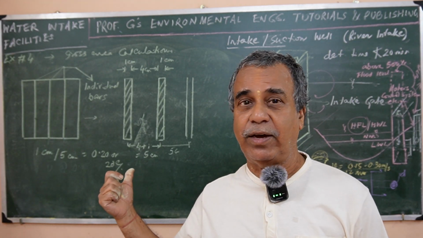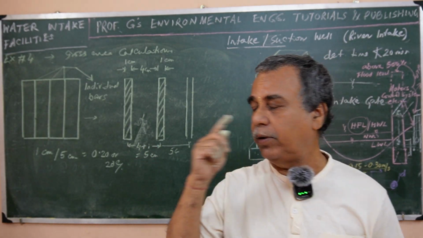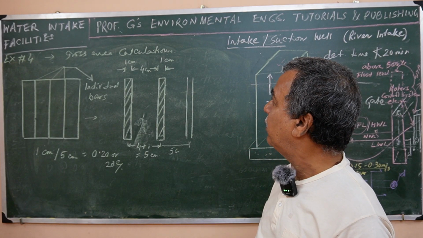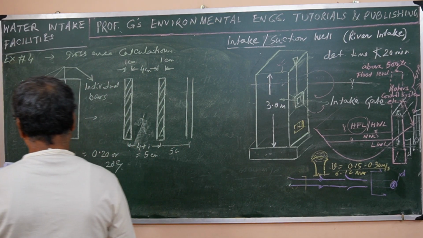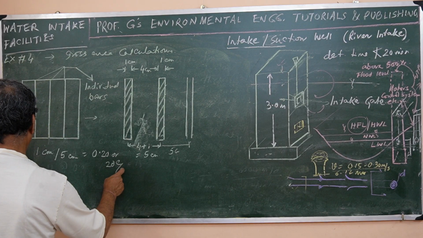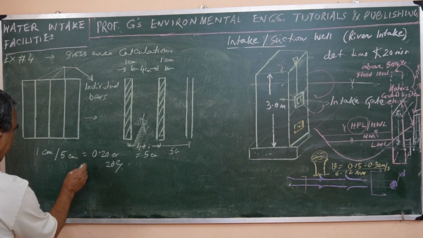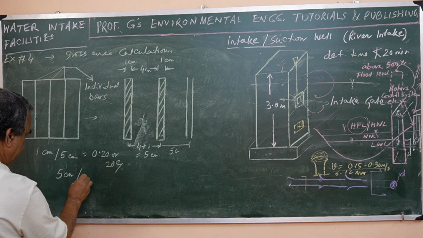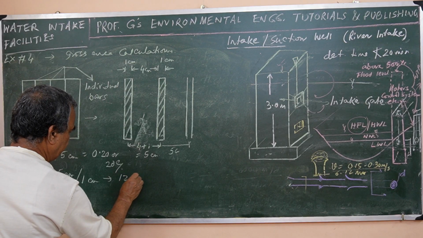Here we have shown the configuration or arrangement of the bars, one opening rather. So, 20% this one. Now the other way, the opening area versus the bar: that will be 5 centimeter by 1 centimeter, that is 120% or so.